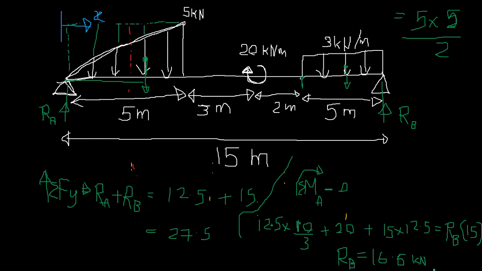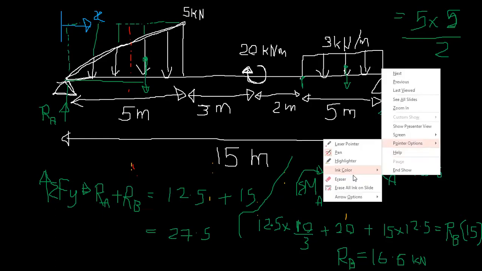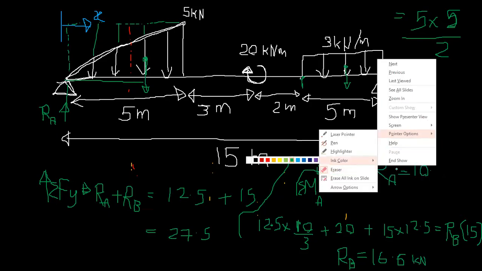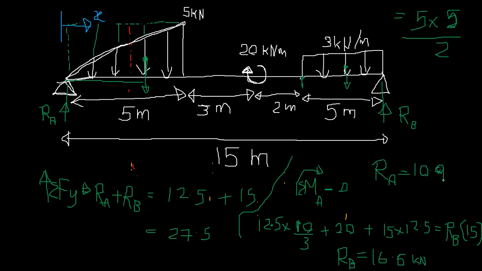So RA is going to be then 10.8. Right, 10.8, around 10.8, 10.9, right? That doesn't matter. Say this is 10.9.